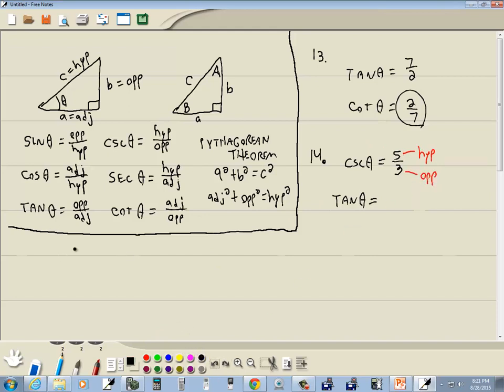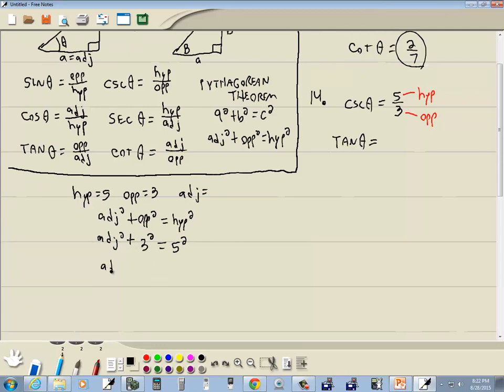So let me come down here. Hypotenuse is equal to 5. Opposite is equal to 3. And we need to find out what adjacent is. So we're going to go to our Pythagorean Theorem again. We got adjacent squared plus opposite squared is equal to hypotenuse squared. So adjacent squared plus 3 squared equals 5 squared.